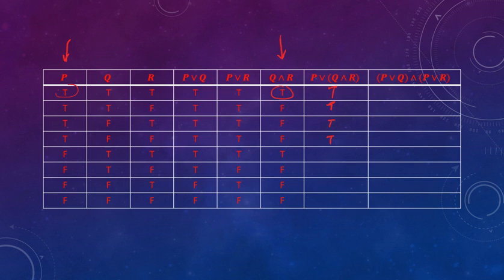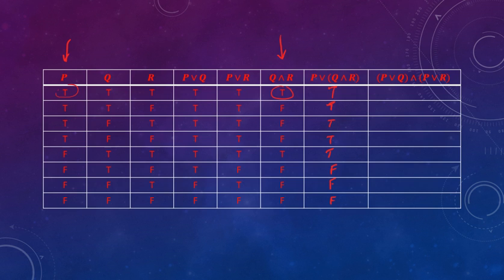That's going to give me a true. Next row, I have a false and a true. So that's going to give me a true. Then for the remaining 3 rows, I have a false or a false. So the last 3 rows are all going to be falses.